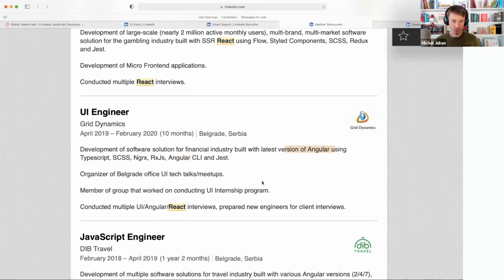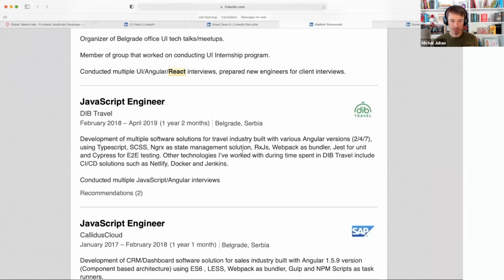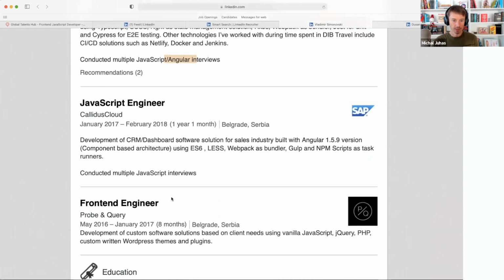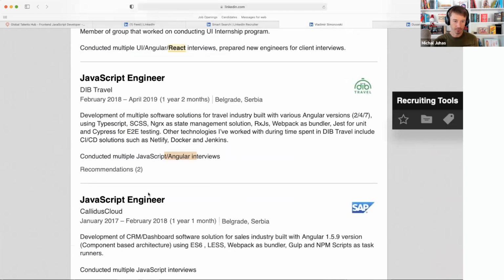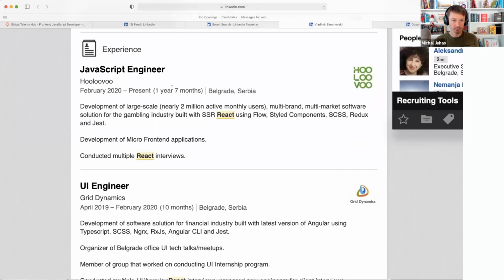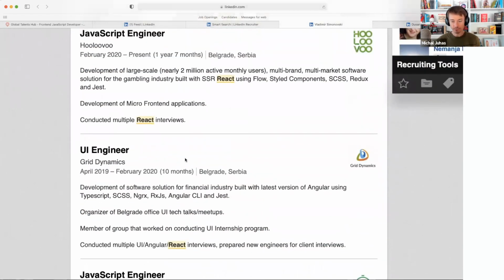Yes, he used Angular here in this job. Also Angular here in this job. So it's more Angular than React. Actually no, because just here it's 1.5 years plus another half year in this company.